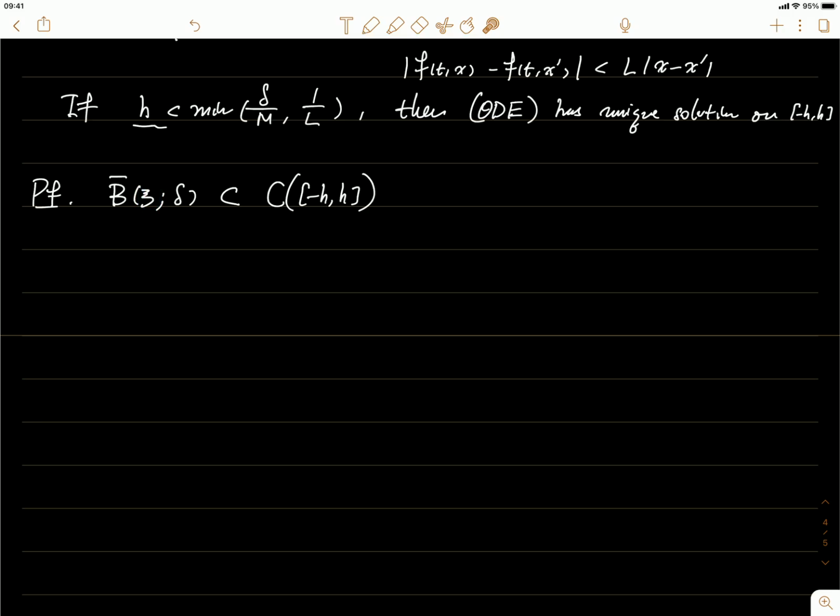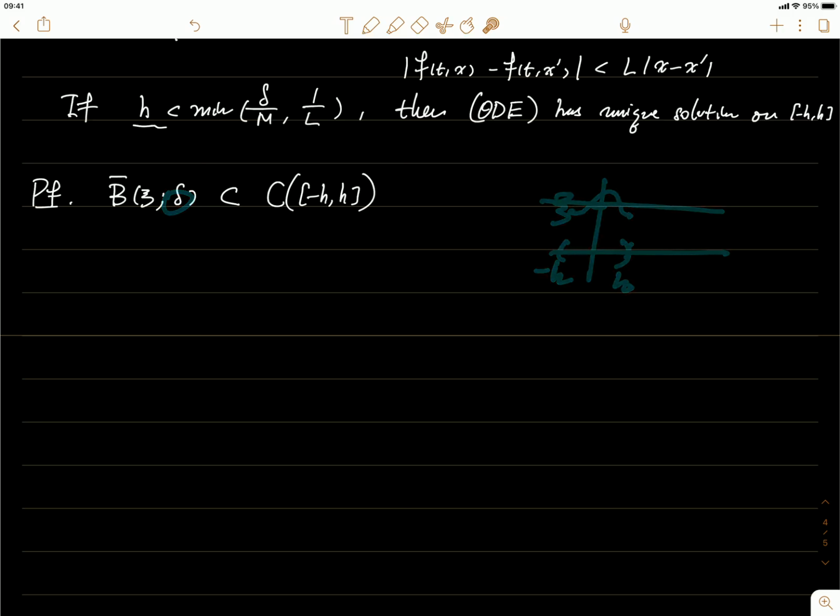This delta is the radius, which tells you that if you have another point in this ball, that means it's another function, like this. This is C, a constant function, over negative h to positive h. If it is a point in this ball, then it cannot deviate from C too much, and by that we mean that the largest deviation from C is delta.